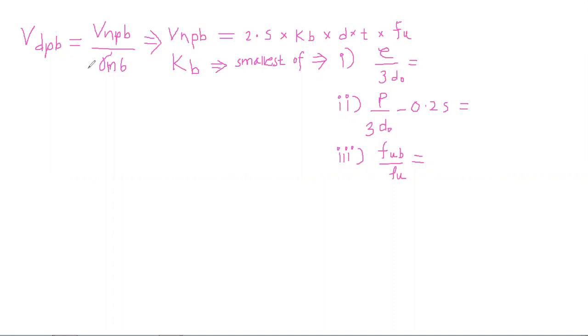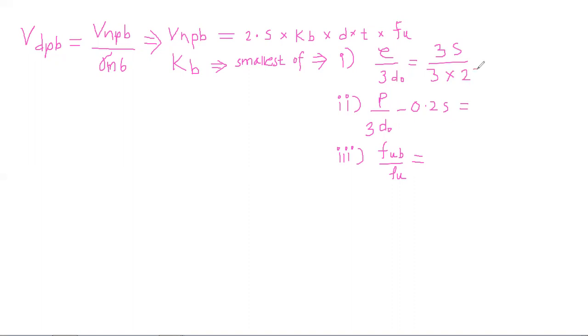Okay, so E divided by 3D0, first we will calculate. E is the end distance. As per our previous diagram, the end distance is 35 mm, divided by 3 multiplied by 20 mm. Now this is the diameter of hole, and the diameter of hole in this case is 2 mm more than the diameter of bolt.